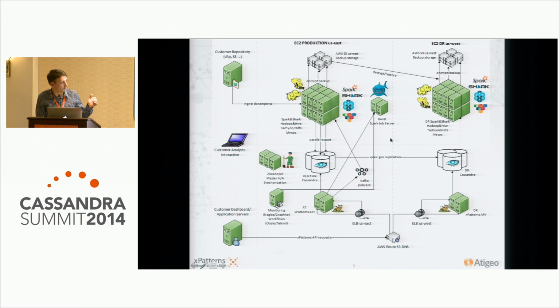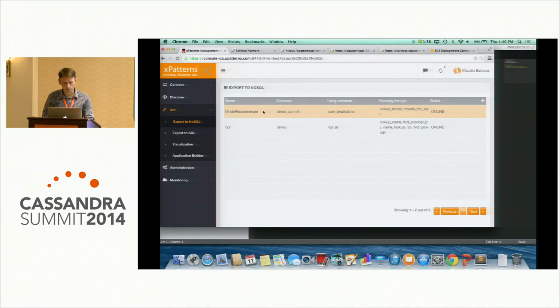It does all the geo-replication at the data store level and the publishing of the instrumented and monitored APIs. What we're working on right now is also enhancing this tool to provide support for connecting to data sets in Tachyon. They're already in memory in this cluster, but not exposed yet through these tools.